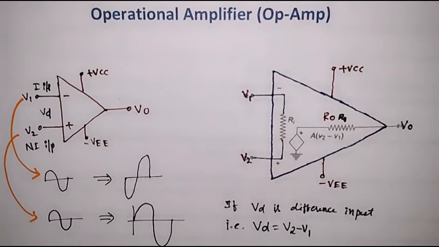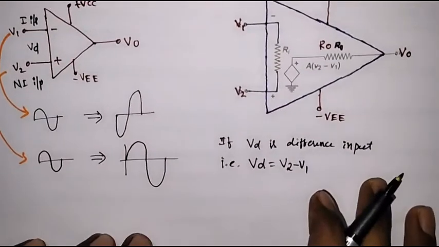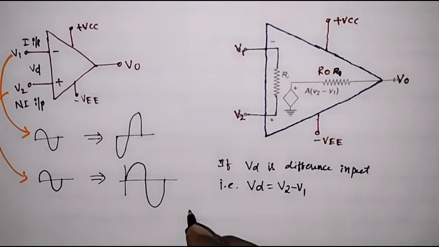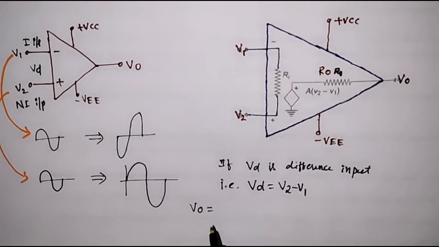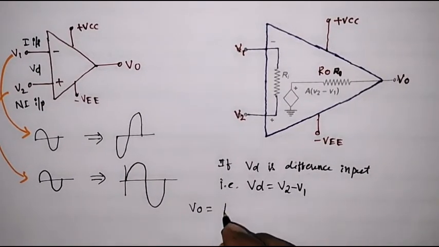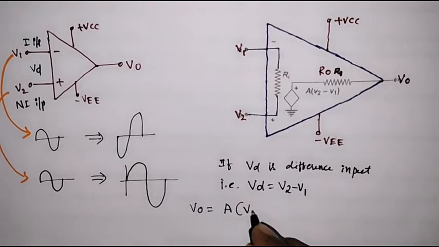Therefore, the operational amplifier will amplify the difference of the input voltages, that is Vd is equal to V2 minus V1. So the output of op amp is given by Vo is equal to A into V2 minus V1.